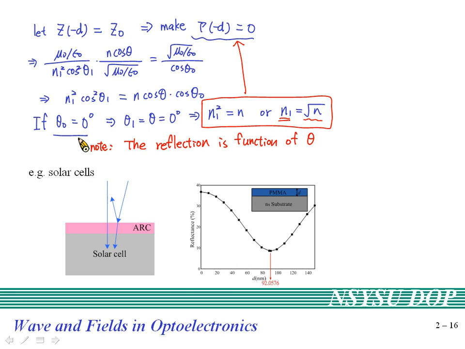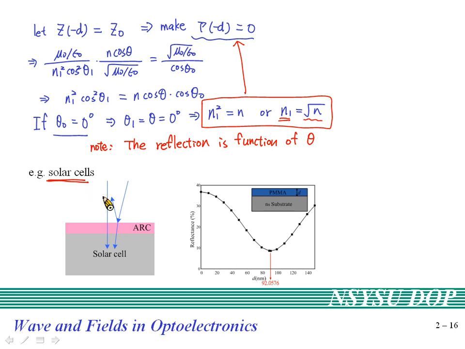And the quarter wave dielectric layer is frequently used in solar cells. As we know, the function of the solar cell is that the light can come into the solar cell to be transformed into electron and hole pairs. And due to the high index difference between the solar cell substrate and the air, we will have very high reflection.